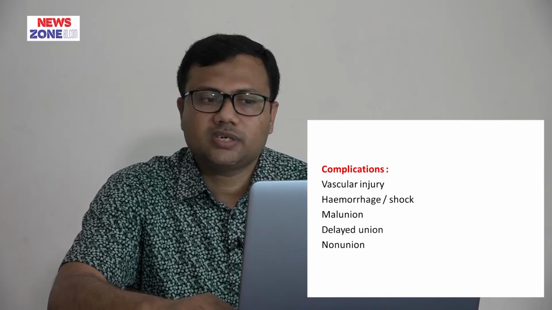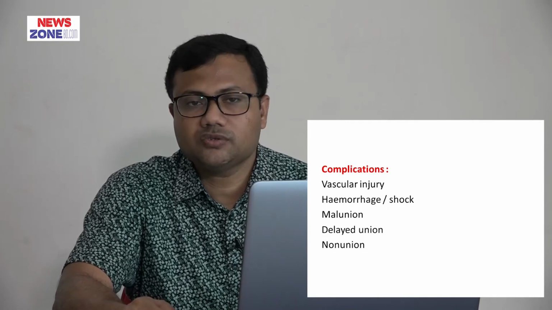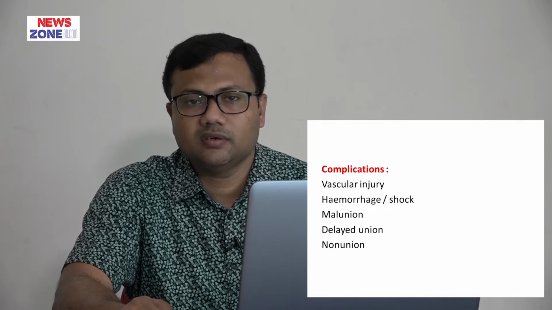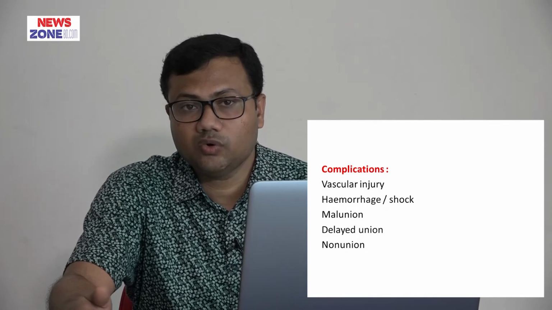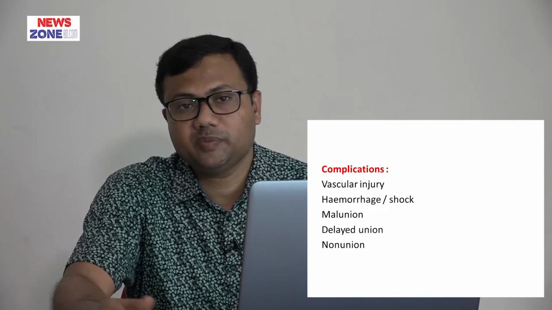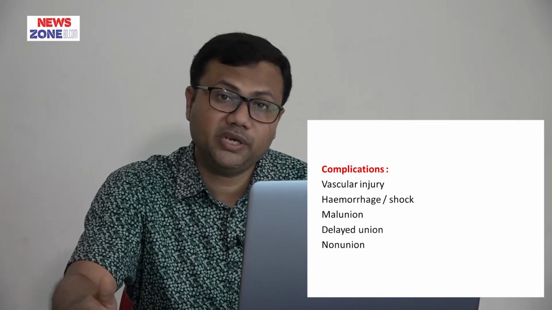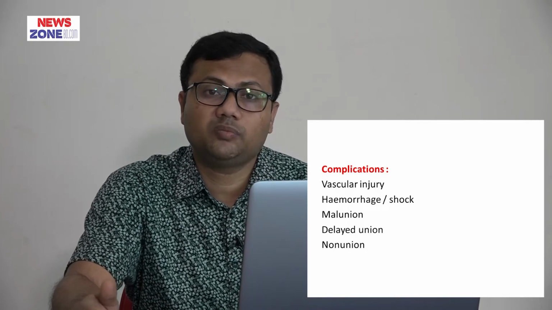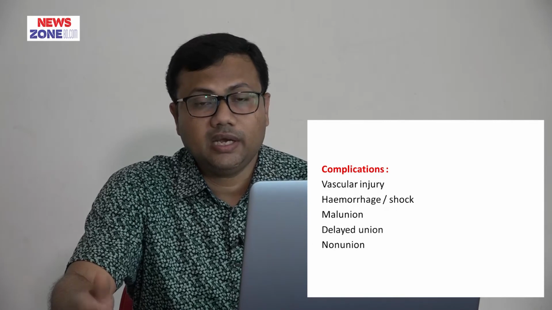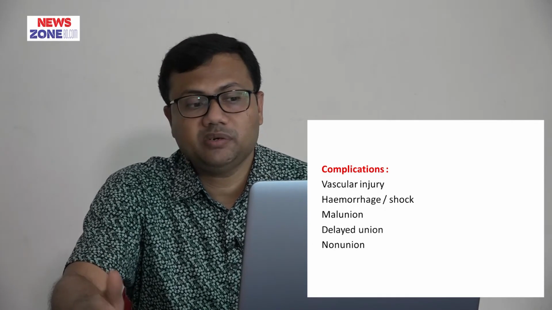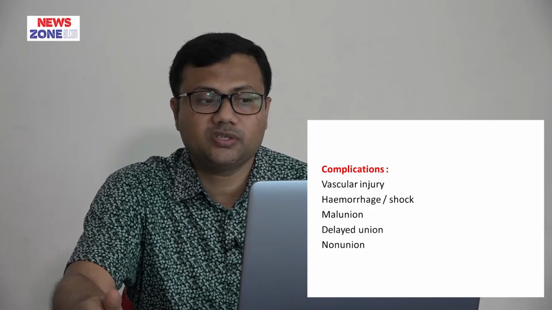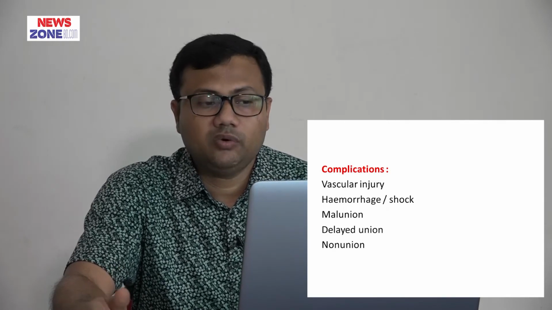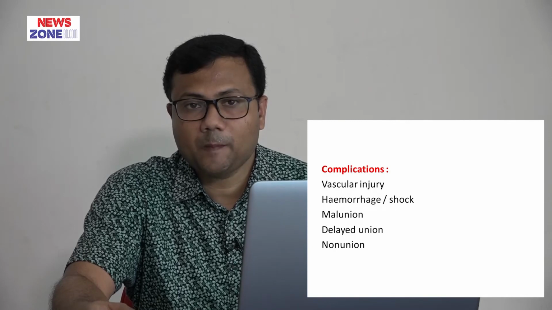And now, let us come to know some complications of fracture shaft of femur. These complications include hemorrhage. Already you know, in case of fracture shaft of femur, there is a chance of bleeding of about 1 to 1.5 liters, and due to this hemorrhage the patient may go into shock. So, another complication is shock, and the third one is vascular injury.